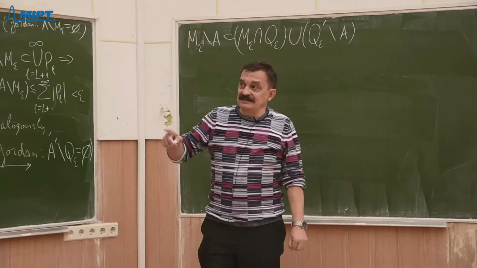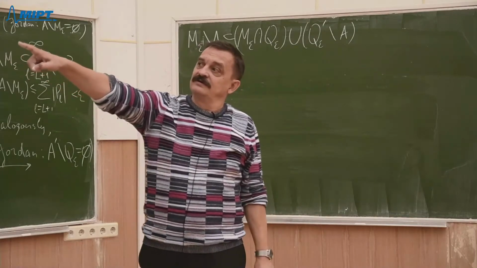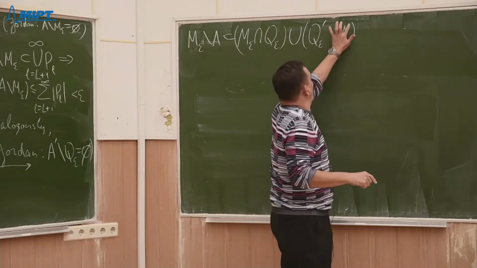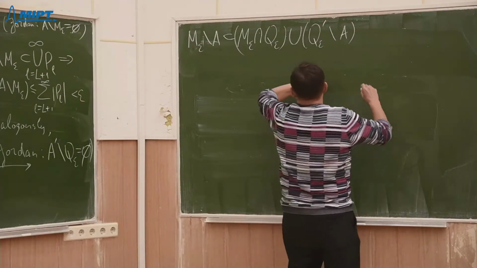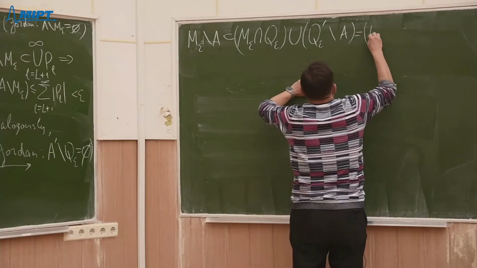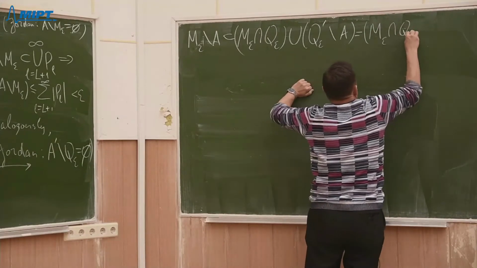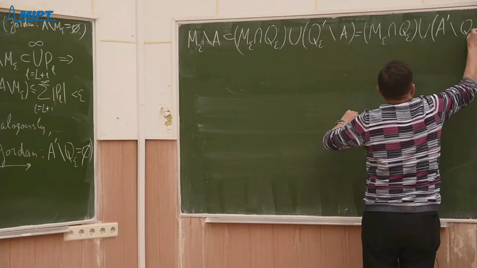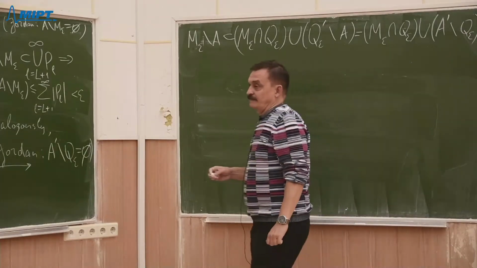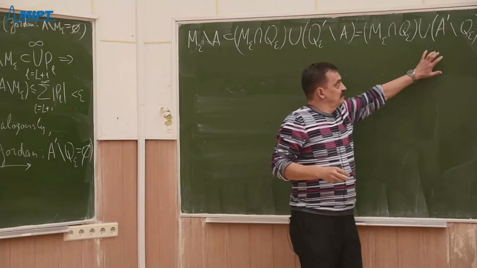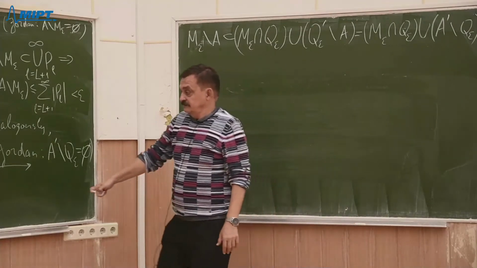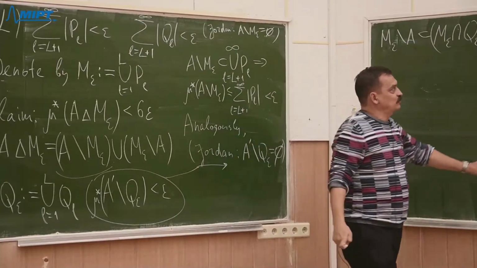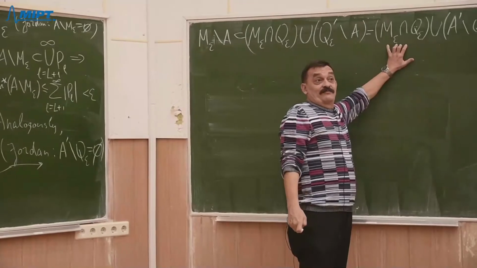And then analogously to what I did with A and M epsilon, now I will put prime here, so that is precisely M epsilon intersected with Q epsilon, and A prime minus Q epsilon. Then look, this one has outer measure less than epsilon, right? So we need to prove that that one is less than 4 epsilon, right?